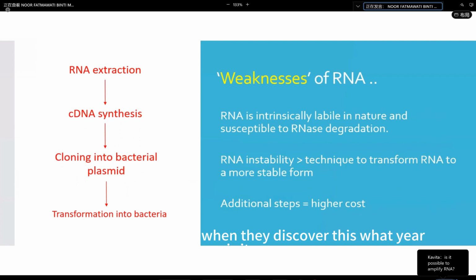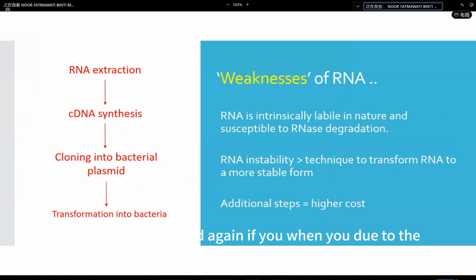What year is it? So this is just to remind you again, due to RNA's weakness, it is easily degradable. If you are measuring RNA, you are adding more cost to your diagnostic methods. If you are measuring it directly using a probe or whatnot, that's okay.